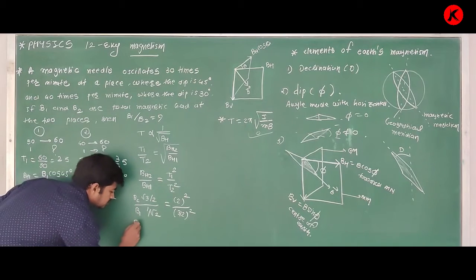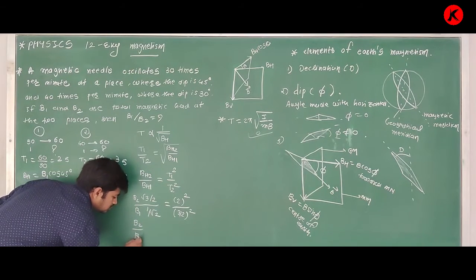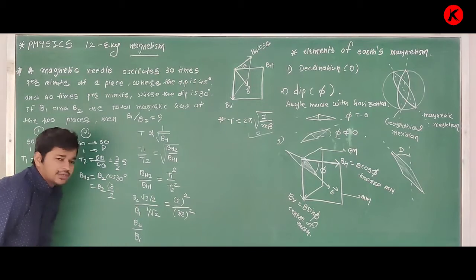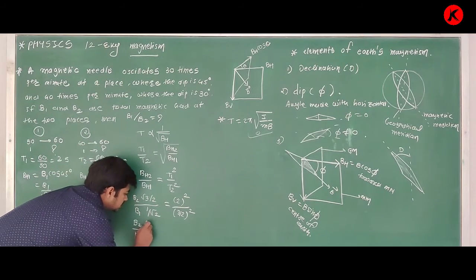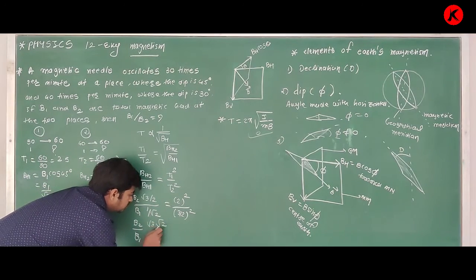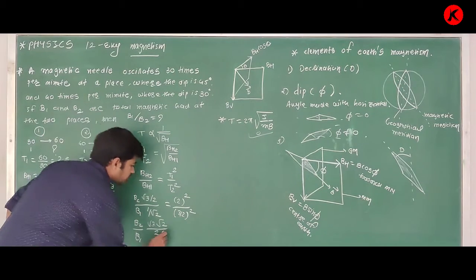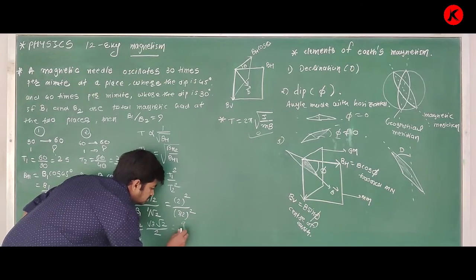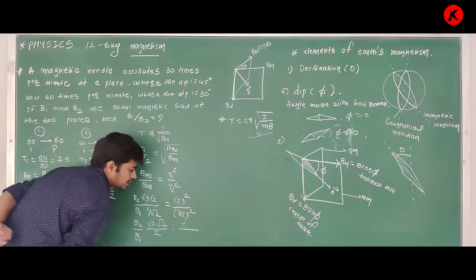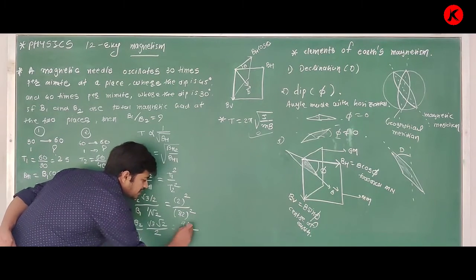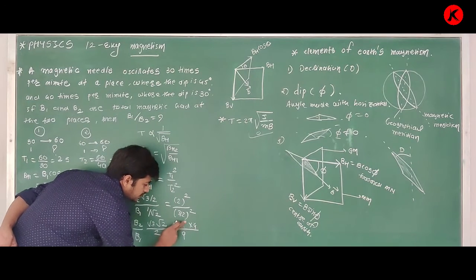So here it is B2 upon B1, and I can write this root 2 in the numerator. So it is root 3 into root 2 divided by 2, equal to 4 divided by 9 upon 4.